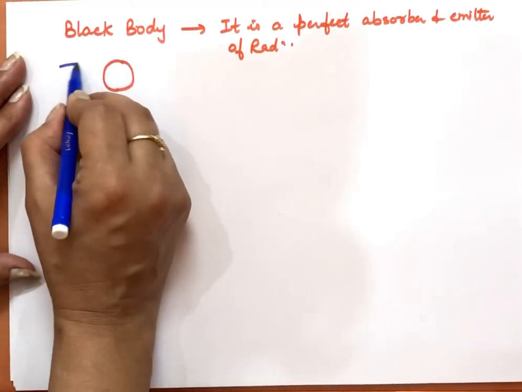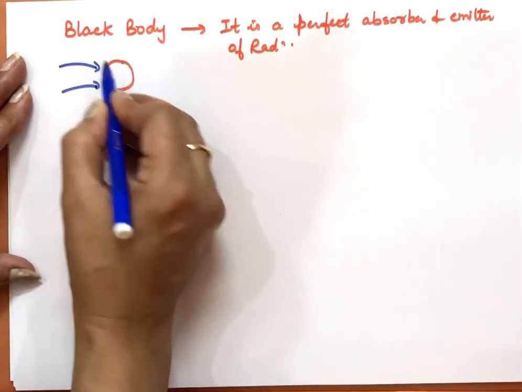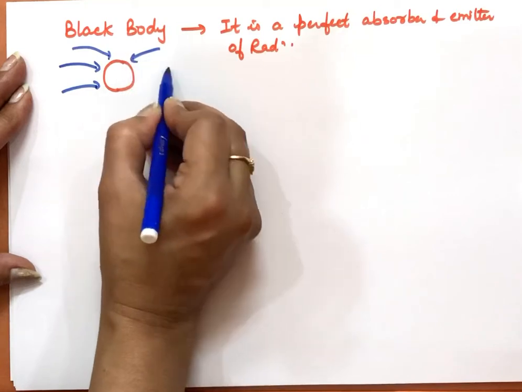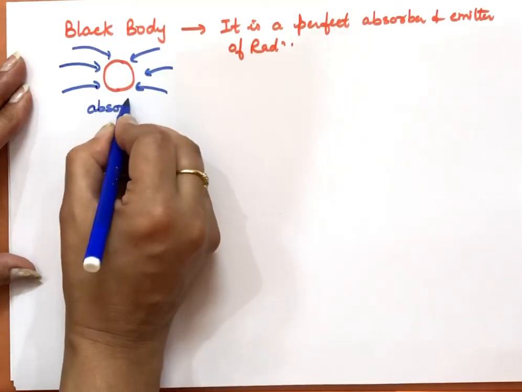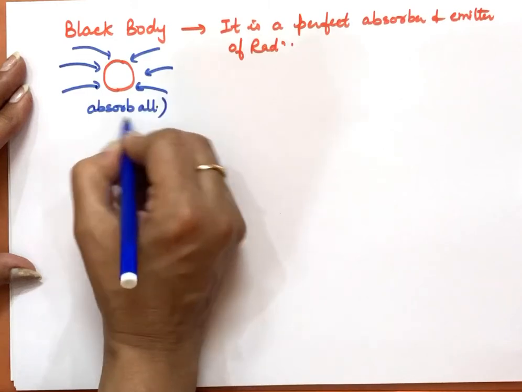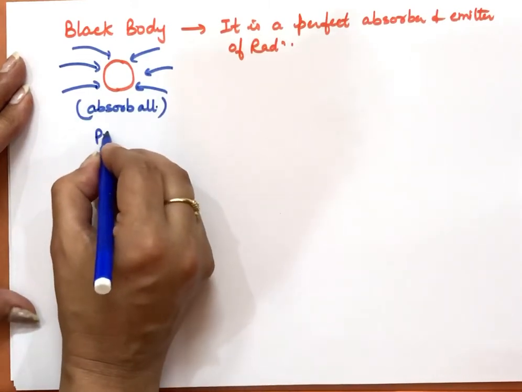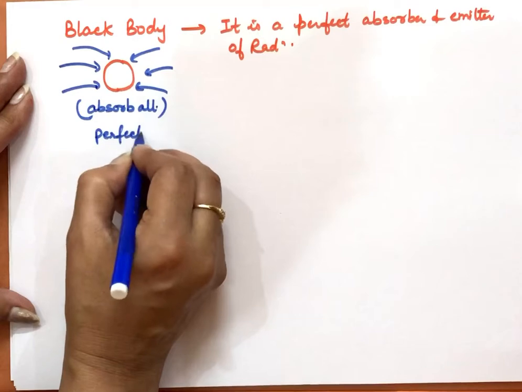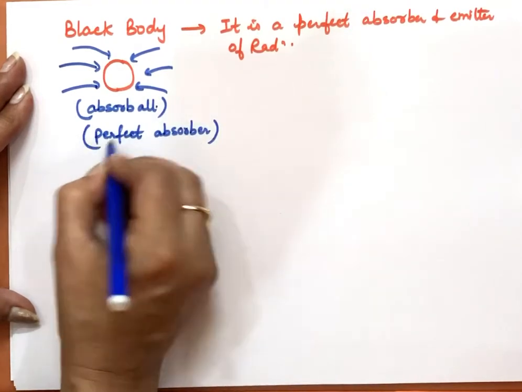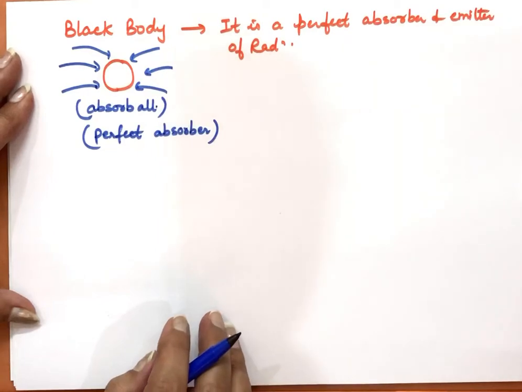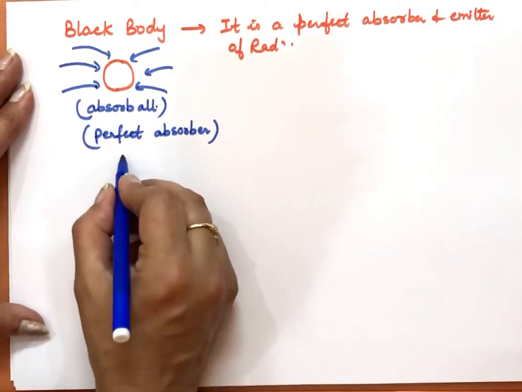When radiations are falling on this black body, it will absorb all radiations falling on it. That means it is a perfect absorber of radiations.